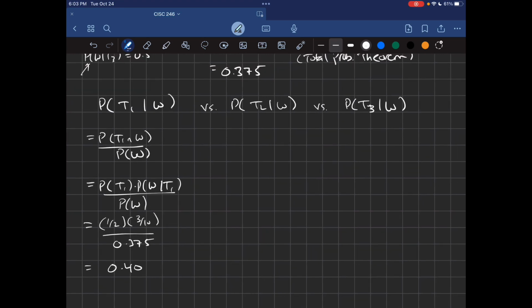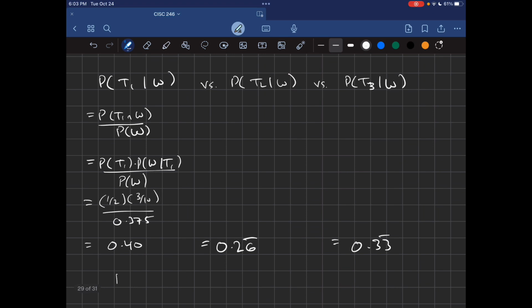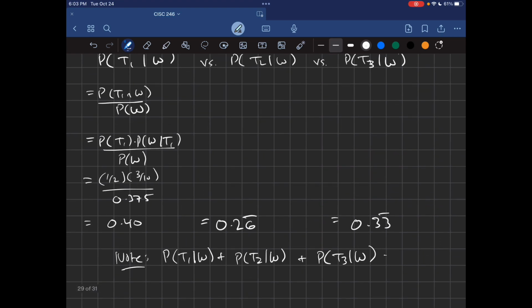We'll do the same thing for the other two. If you do the same thing for both those quantities, I believe you get 0.26 or 0.27 and then 0.33. Overall, they seem to be correct because they form a proper probability distribution, meaning conditioned on W, if you take the partition of all the events, they still add up to 1.